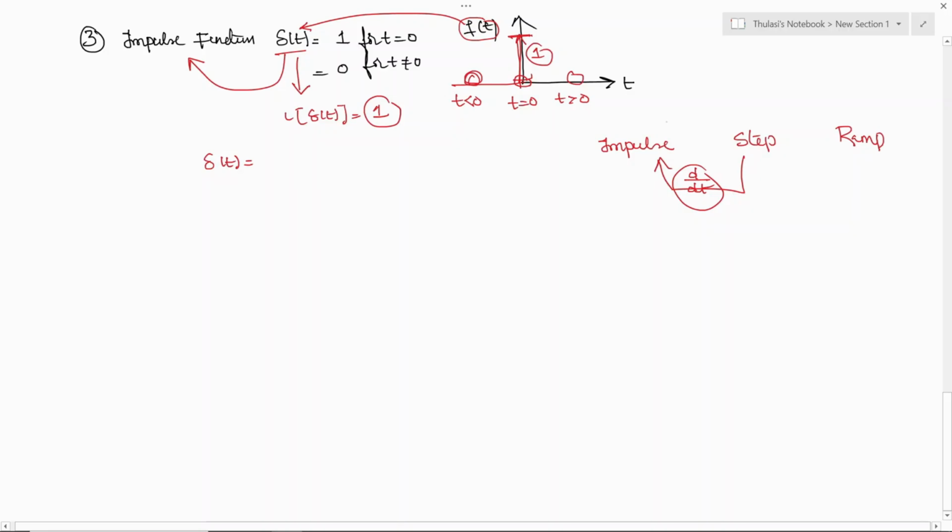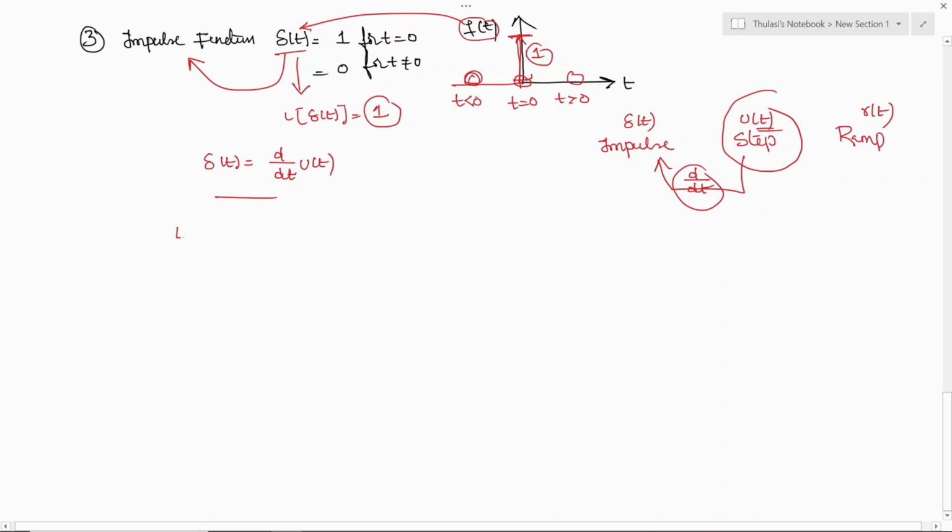So how to write down the step? This signal I can write down as delta of t. Already we discussed, this signal we can write down as u of t, and this signal we can write down as a ramp signal r of t. So now we require the step signal, which is u of t. So I can write down the impulse signal as d by dt of u of t. This is how to write down an impulse signal.